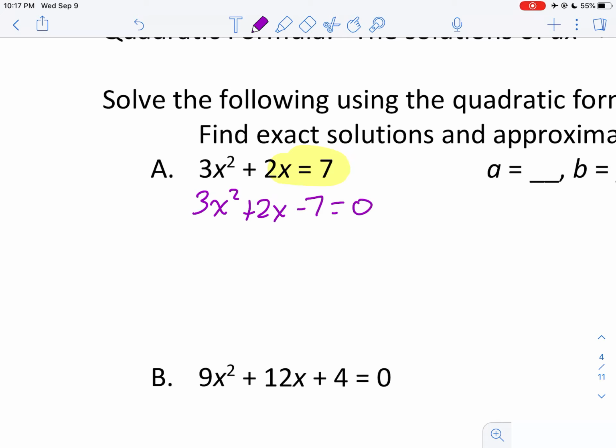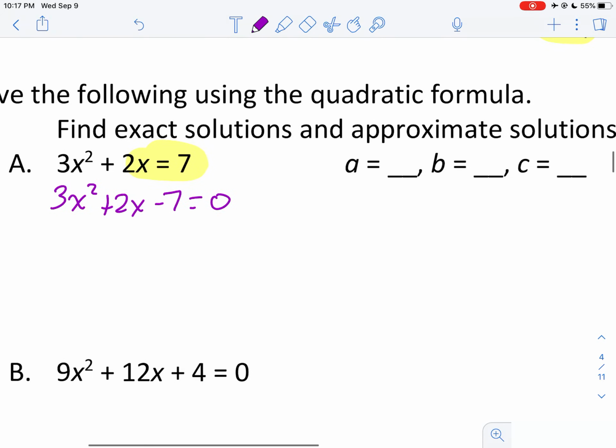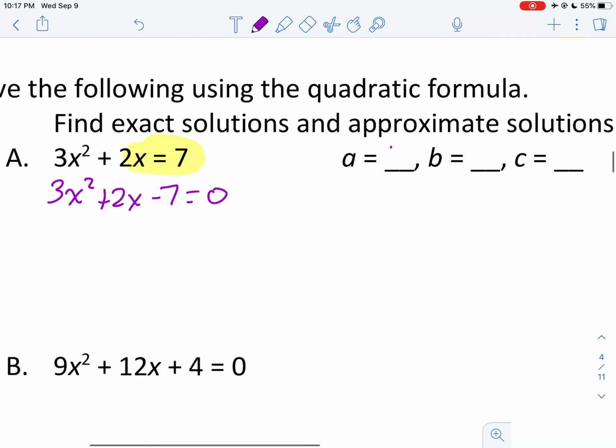We can now try to factor, but what we'll find is factoring doesn't work so well here. And so in this case, we're going to find a, b, and c. A is 3, b is 2, c is negative 7.